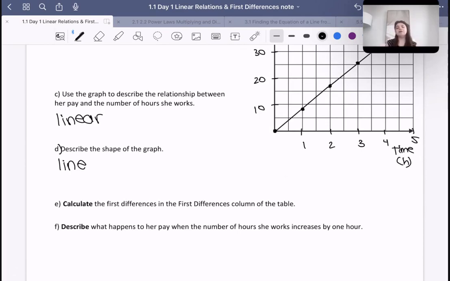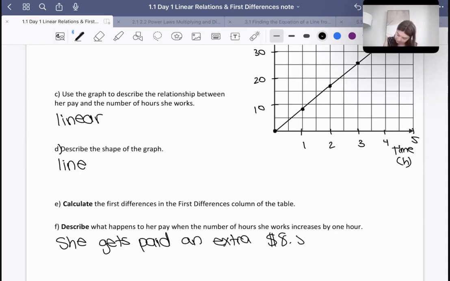Well, every time she works an extra hour, she gets paid another $8.50. So we could write that she gets paid an extra $8.50 for every hour she works, right?